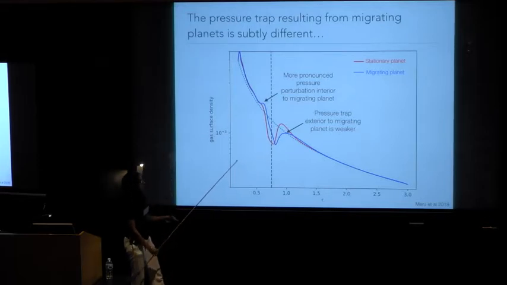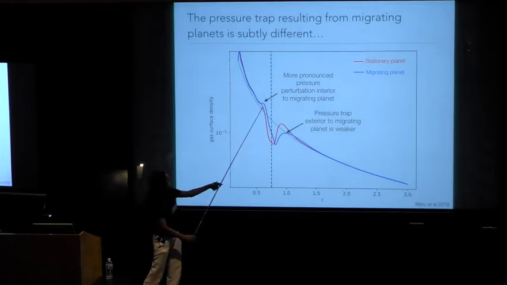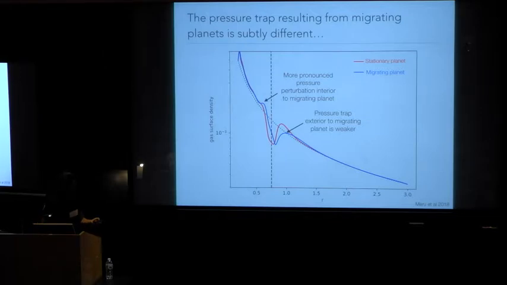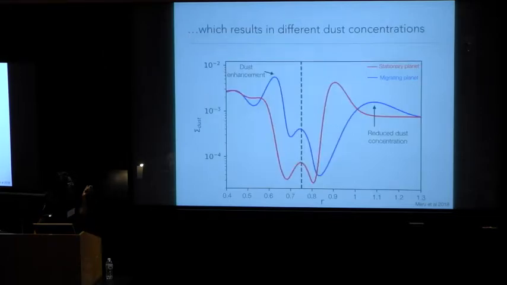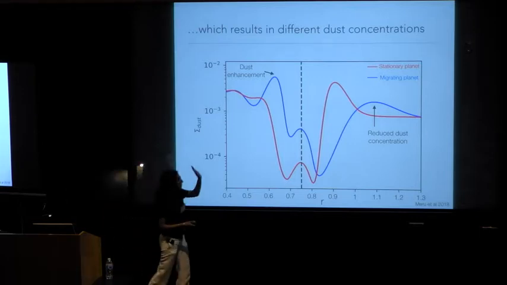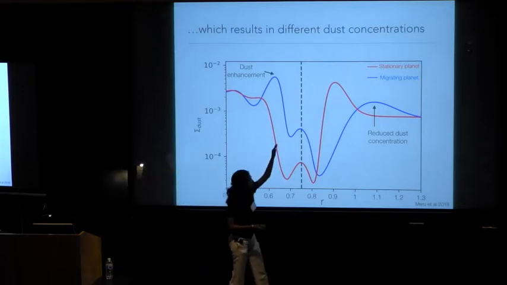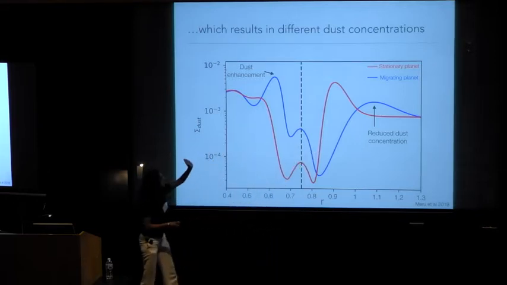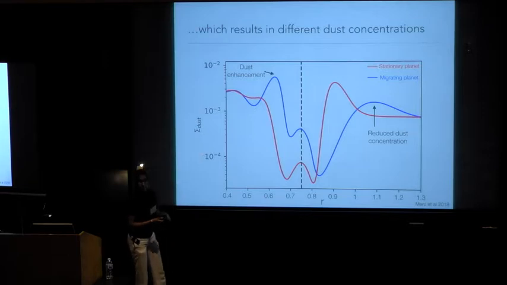And the second aspect that's different, and this is a very subtle difference in the gas profile, is that you actually get this sort of little plateau in the blue line when you have a migrating planet. So just a minor difference in the pressure profile. But the difference can be quite significant. So in the outer part, that reduced pressure maximum results in a reduced dust concentration, and the inner part can lead to a dust enhancement, as you see in the blue line.